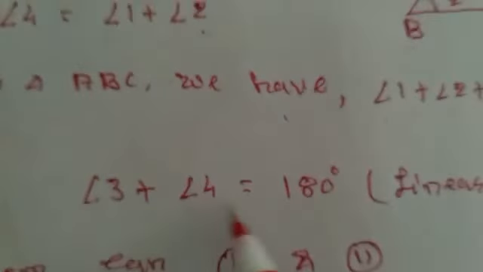So from that theorem we have here that angle 1 plus angle 2 plus angle 3 is equal to 180 degrees, which is also called the angle sum property of a triangle. And now since 3 and 4 are a linear pair of angles, and we also know that the sum of a linear pair of angles is also 180 degrees, so from here we conclude that angle 3 plus angle 4 is equal to 180 degrees, because of linear pair.